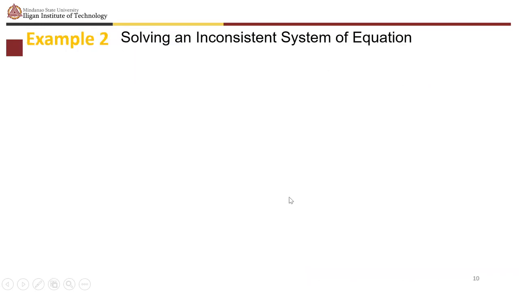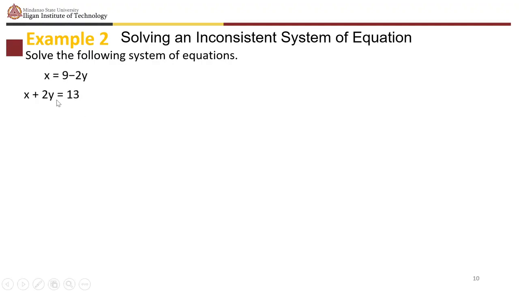Okay? So solving an inconsistent system of equations, we have the following example. Say x equals 9 minus 2y and x plus 2y equals 13. What do we mean again by solving an inconsistent system of equations?